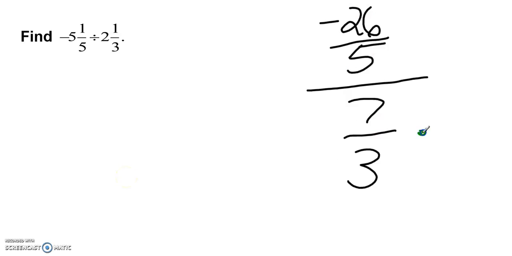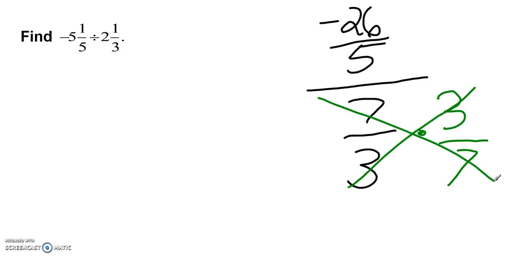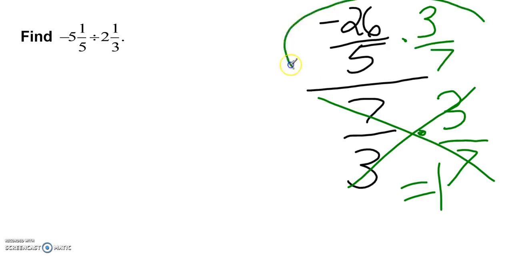I'm going to multiply 7/3 by its reciprocal, which is 3/7. This is going to cross that out and make it equal to a 1. So we don't even have to worry about it anymore. But I also have to multiply the top by the reciprocal as well. And then, so this is all we have to worry about now.